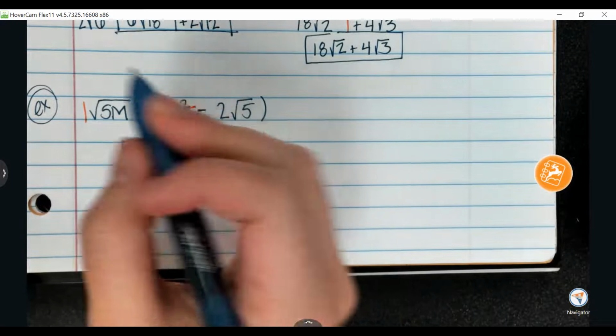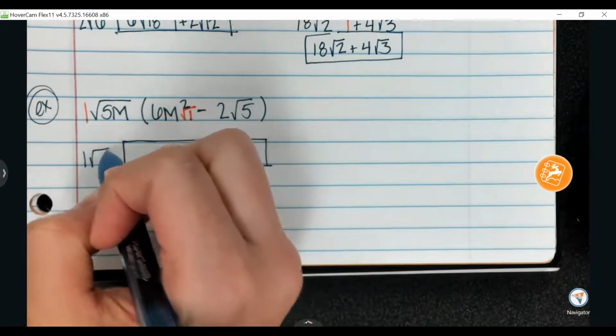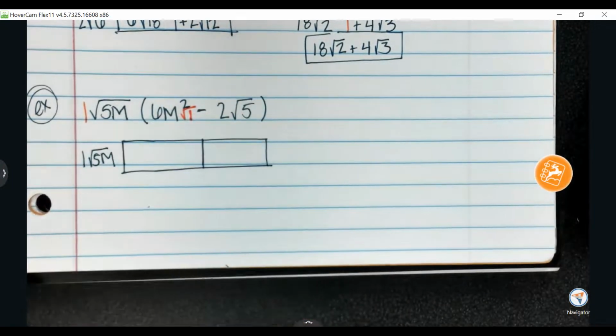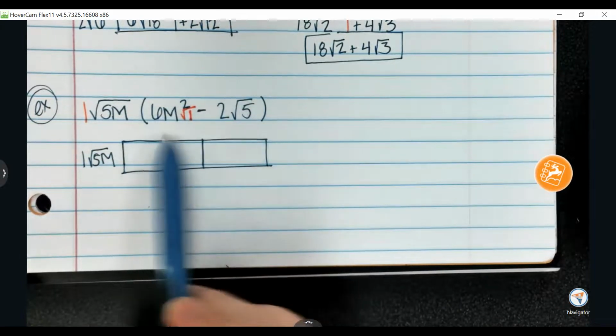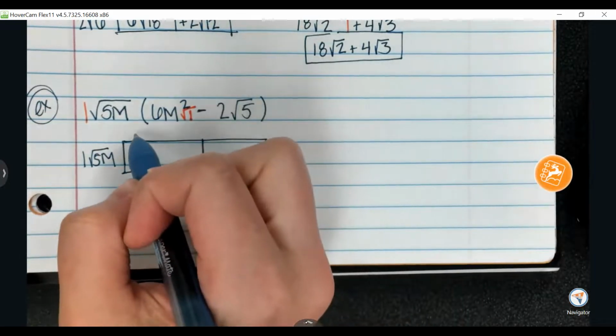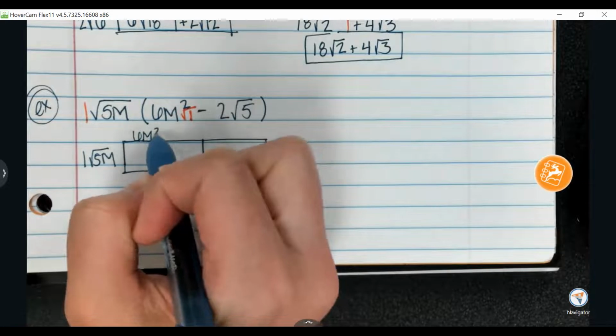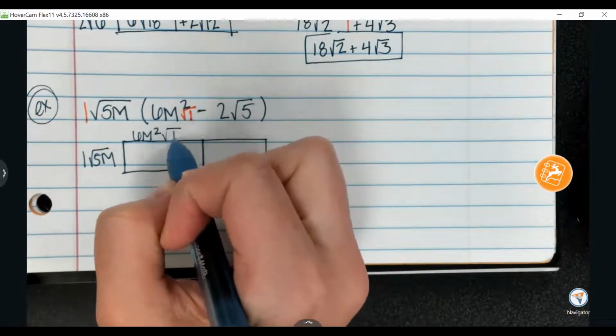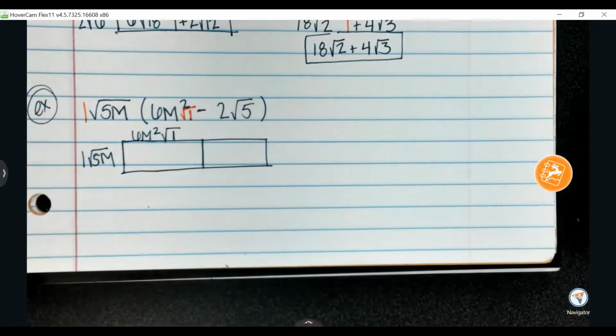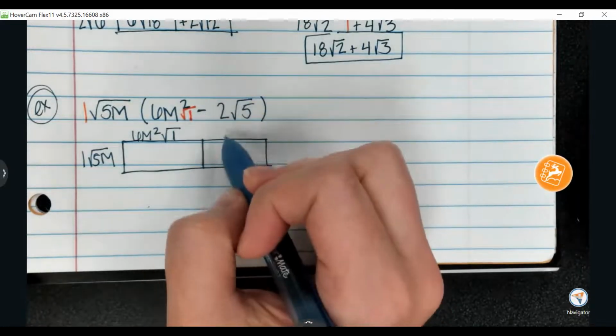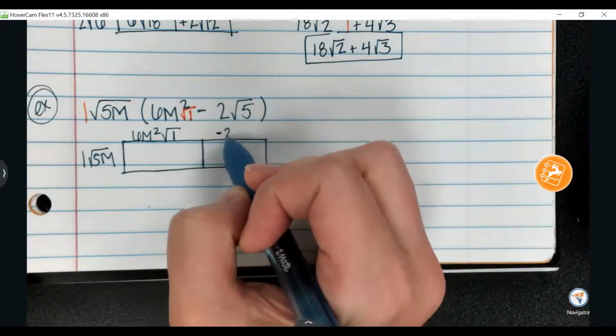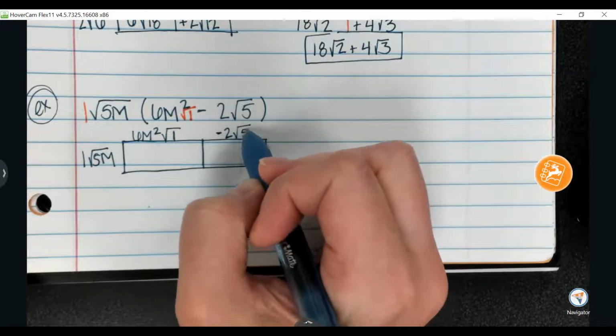So outside will be my 1 square root of 5m. And then on top is what's in my parentheses. 6m squared, square root 1. I'm just rewriting it. Don't forget to keep your sign. -2 square root 5.